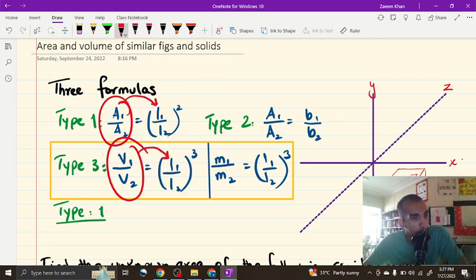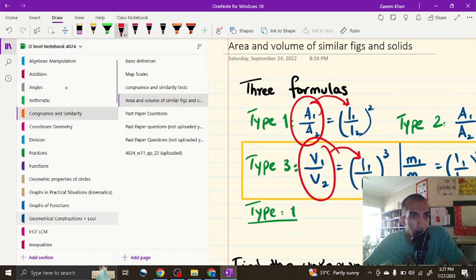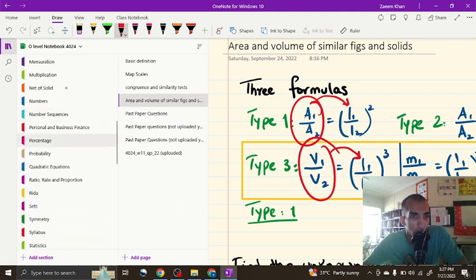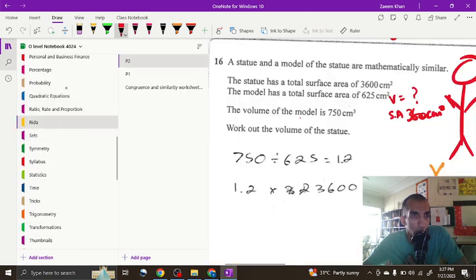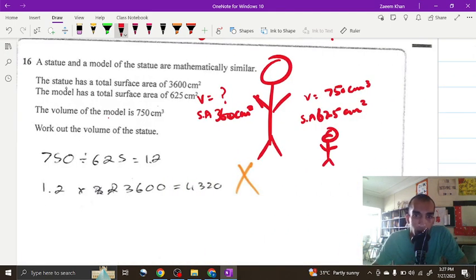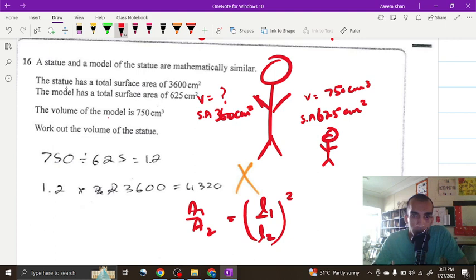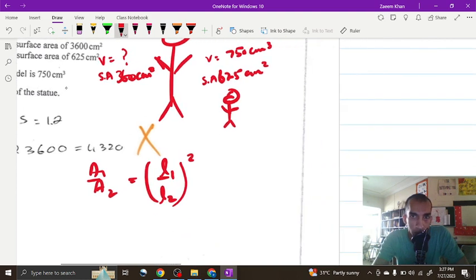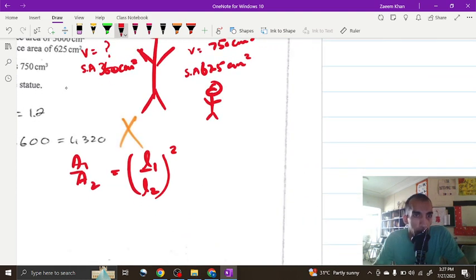So can we somehow, using the areas, find the length with A1 over A2? Okay, help me out.